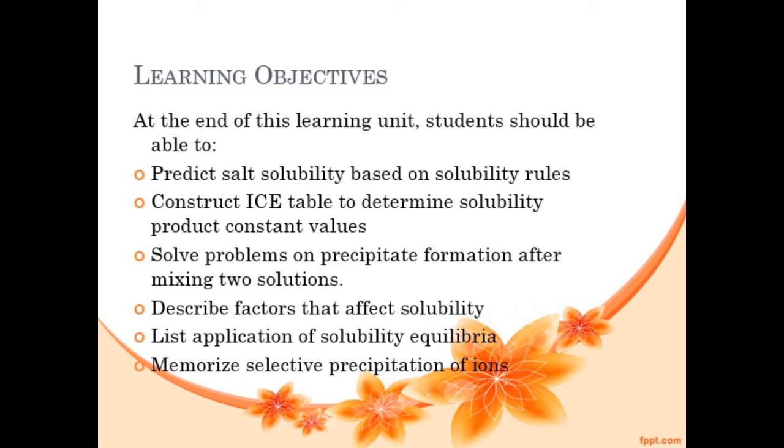Thirdly, solving problems on precipitate formation after mixing two solutions. Next is describing factors that will affect solubility of a salt. The fifth one is listing applications of solubility equilibria, and lastly, memorizing selective precipitation of ions.